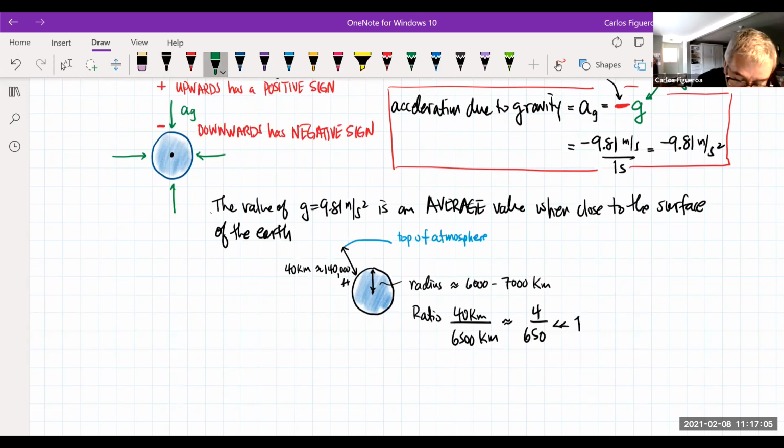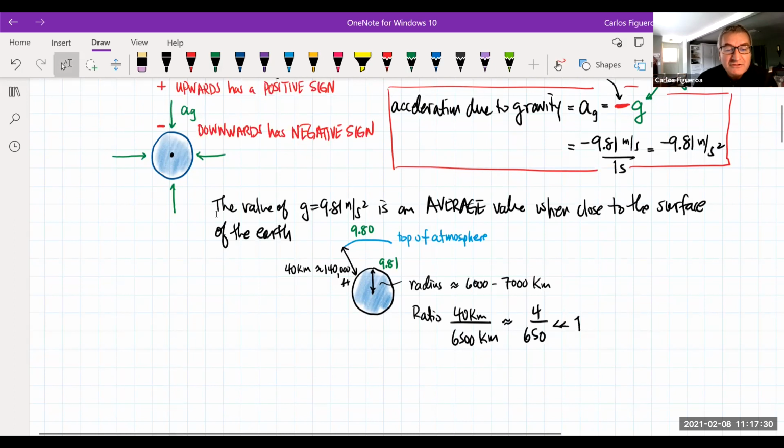So when you go to the surface of the Earth, this is 9.81. When you go up about 100,000 feet, I bet it's about 9.80. It changes, right? It's 2 within 100th. So the acceleration due to gravity is pretty constant, even as you go up to the top of the atmosphere.